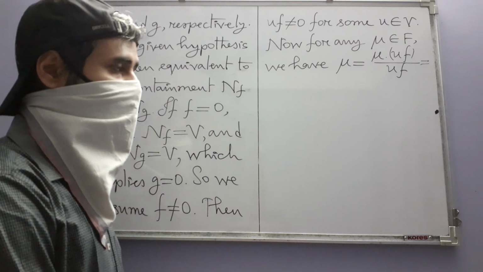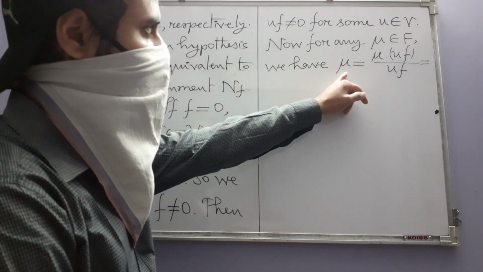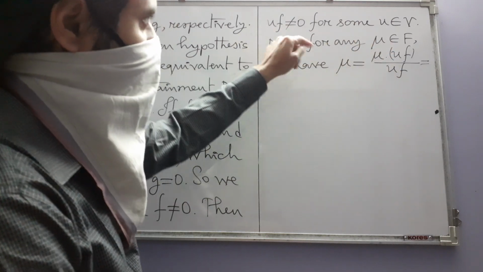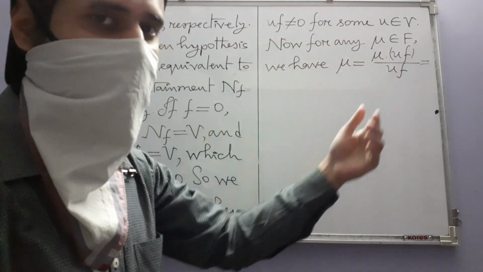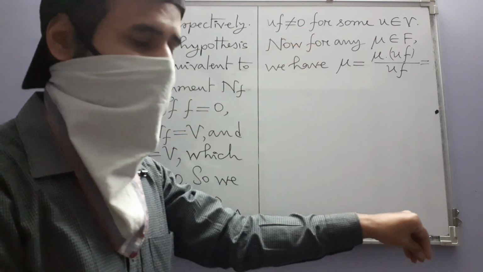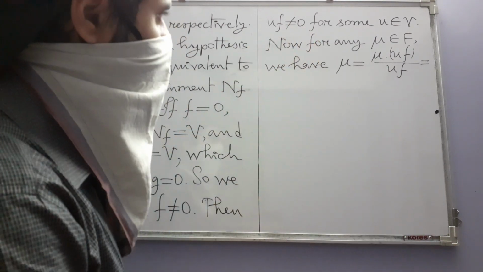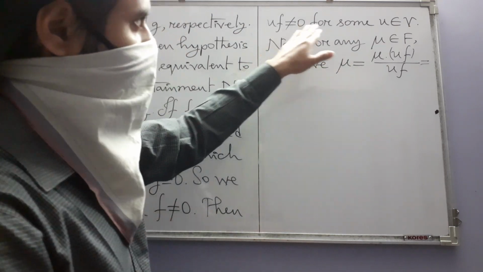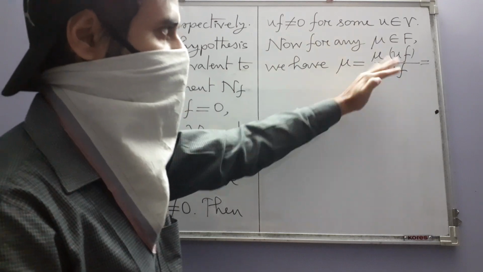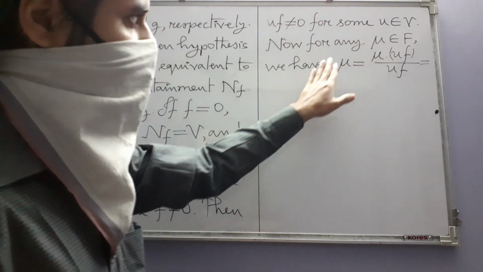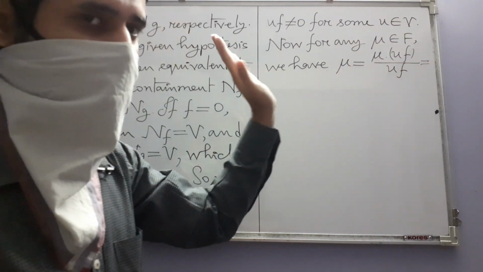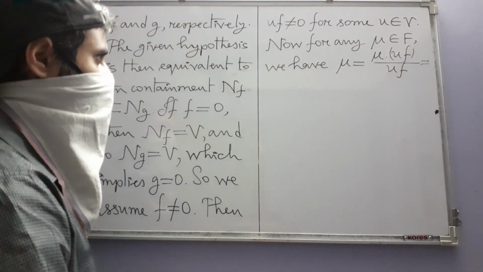Why? Keep in mind that mu is a scalar, it's a field element, and uF is also a field element because our small f maps the vector space into the underlying field. But uF is not just any field element, it's a non-zero field element, so we can multiply and divide by that element. So this calculation is actually going on inside the field. Okay, so far there is no problem.